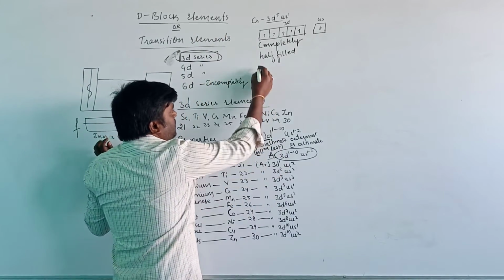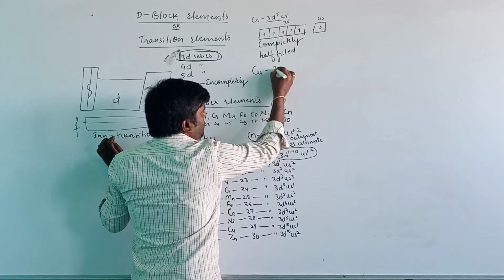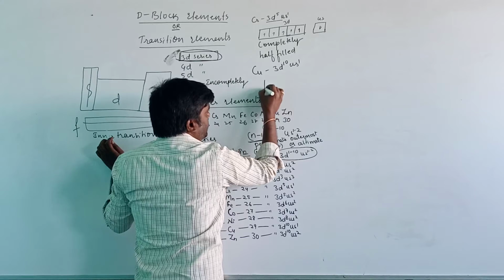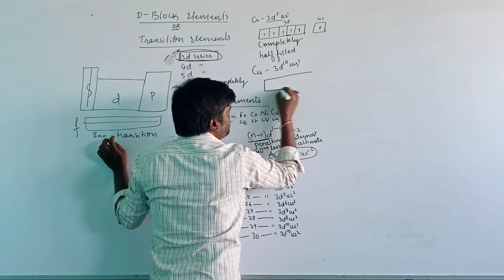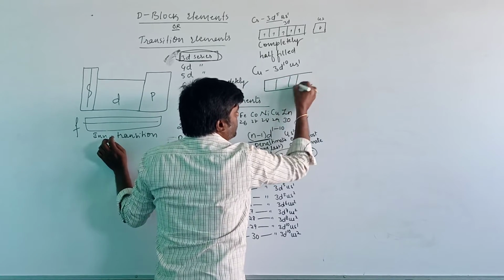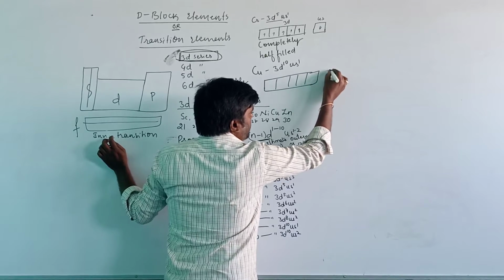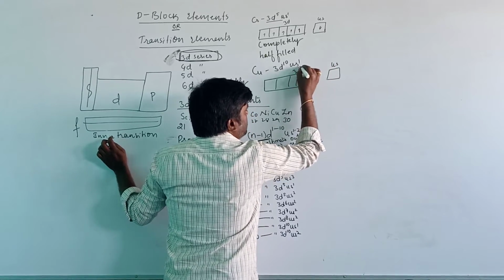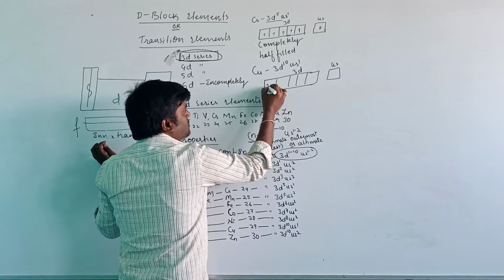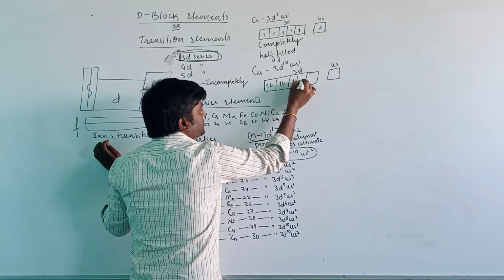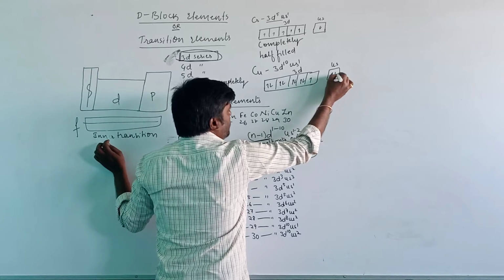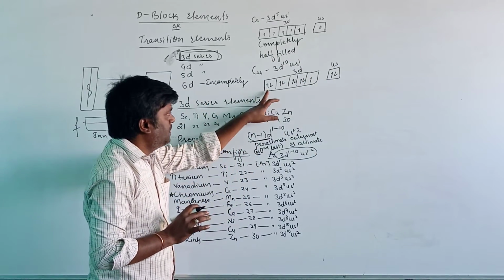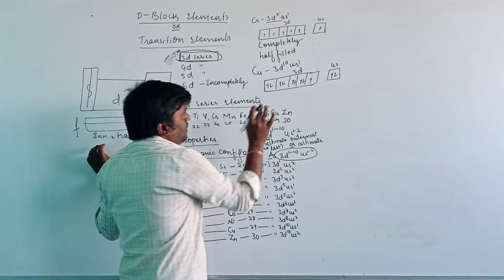Then for copper, the electronic configuration is 3d10 4s1. The five 3d orbitals and the 4s orbital hold 10 electrons in the 3d. This is the accepted electronic configuration.